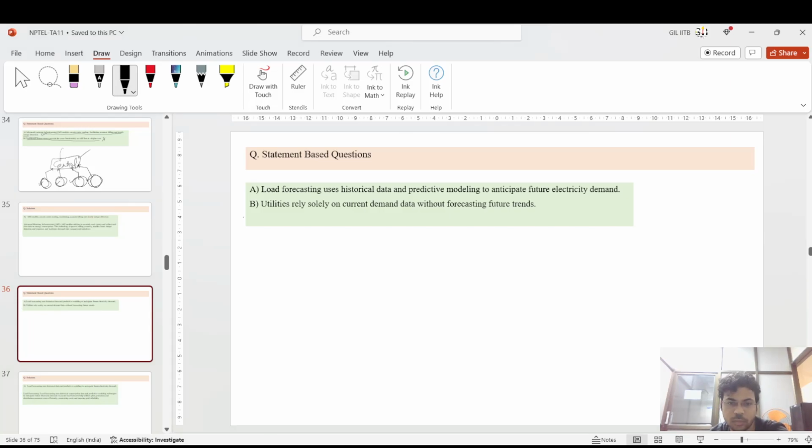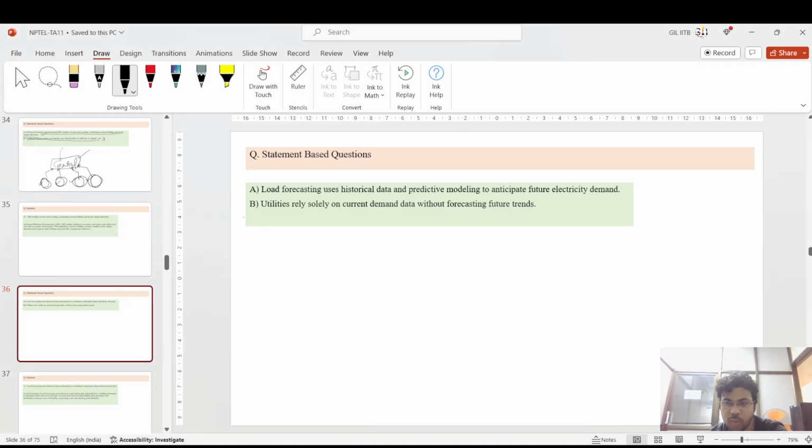So coming to the next question, please solve this. This is related to load forecasting. Okay, I got one answer that is true.